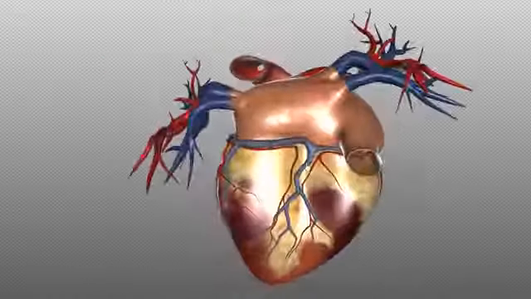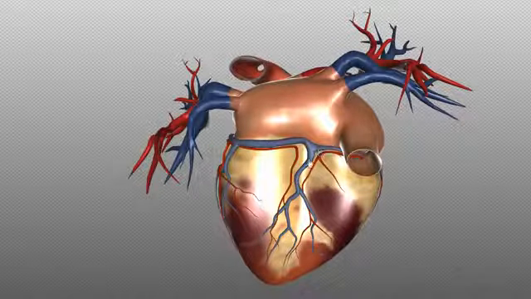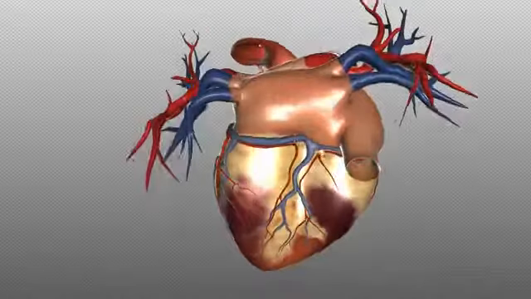And then you've got the middle cardiac vein, which runs right down the middle of the back of the heart, the diaphragmatic surface of the heart, in the posterior interventricular sulcus. And you've got the small cardiac vein, which drains into the coronary sinus. So four tributaries which drain into the coronary sinus.